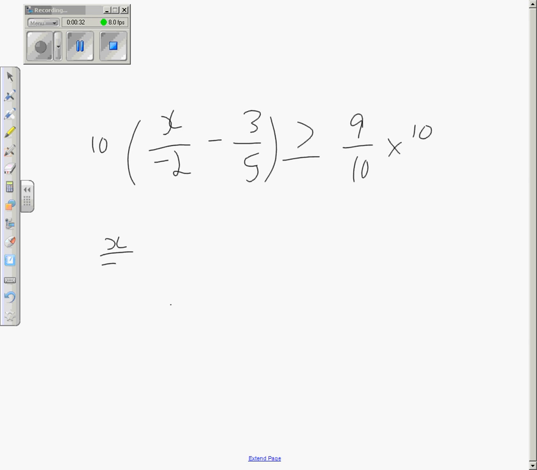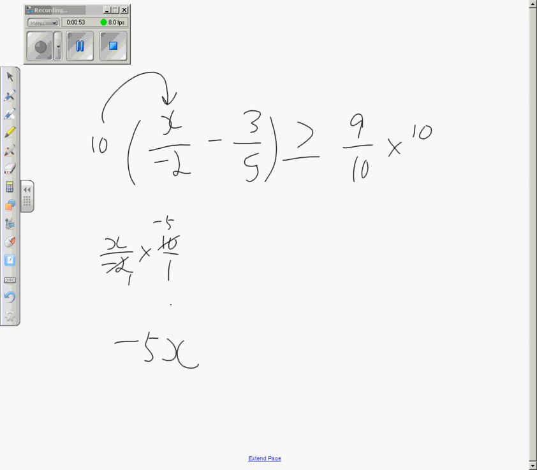So if I have a negative half of x multiplied by 10, I'm going to do this first one using the distributive property. I'm going to cross multiply, and I'm going to get negative 5 over 1. I'm going to keep my negative in the numerator to make it easier. And I'm going to end up with a negative 5x as my first term.